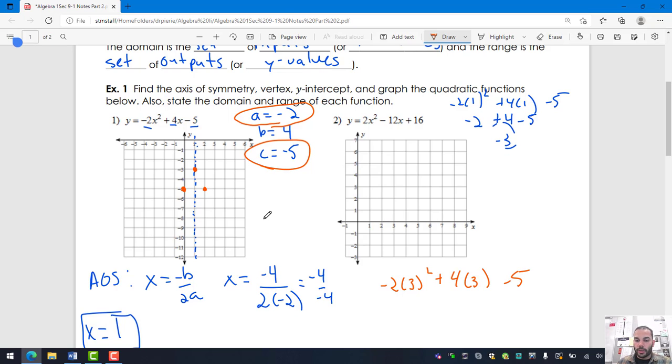Might not be the prettiest thing in the world, but we'll have negative 18 plus 12 minus 5. Use the calculator if you need it. Negative 18 plus 12 minus 5 should give you negative 11.